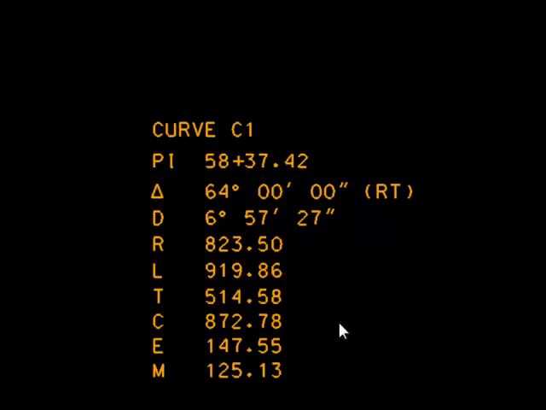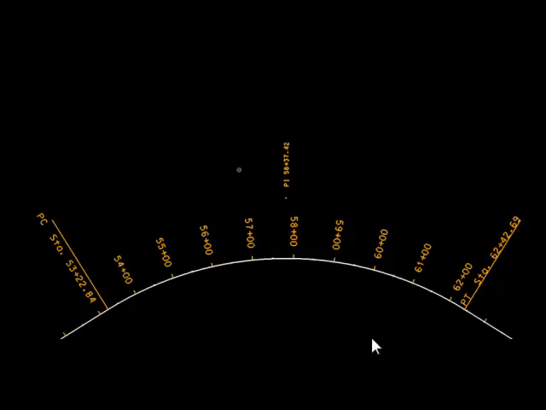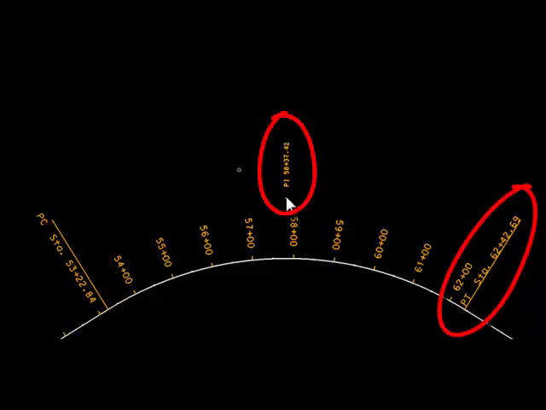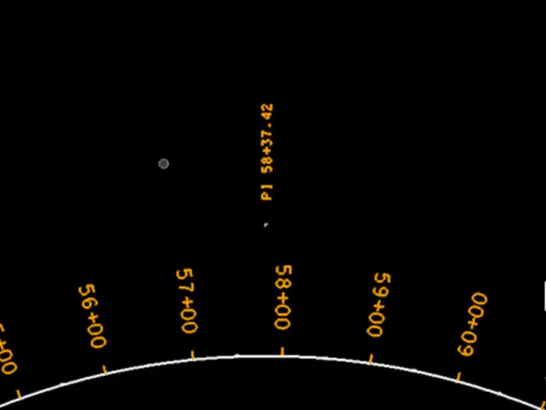When we've computed these parameters, you can see the results summarized here. This is what the curve would look like. You can see the PC station label on the left, and the PT station labeled on the right. The PI is a point that does not fall on the curve. Notice that the PI station of 58+37.42 is likely greater than the midpoint station of the arc.